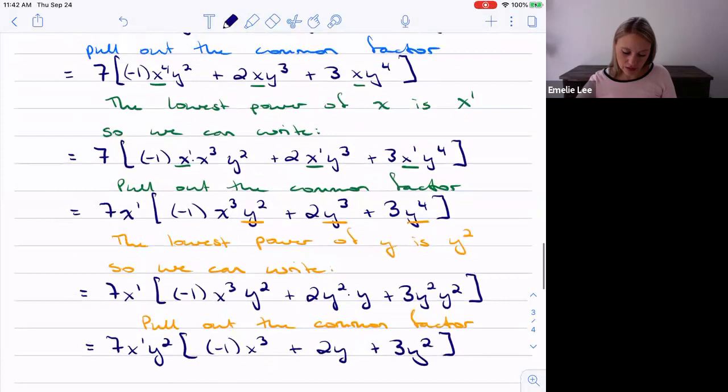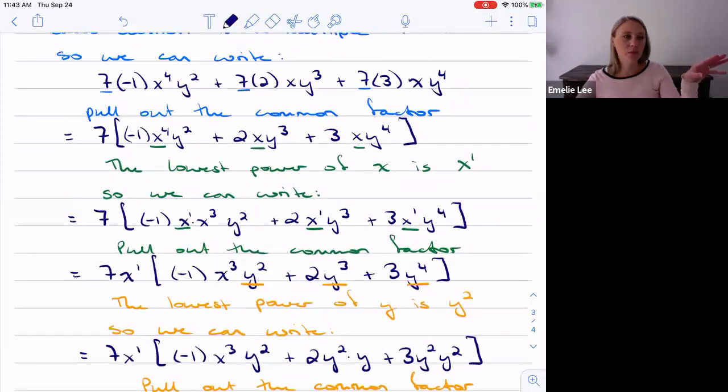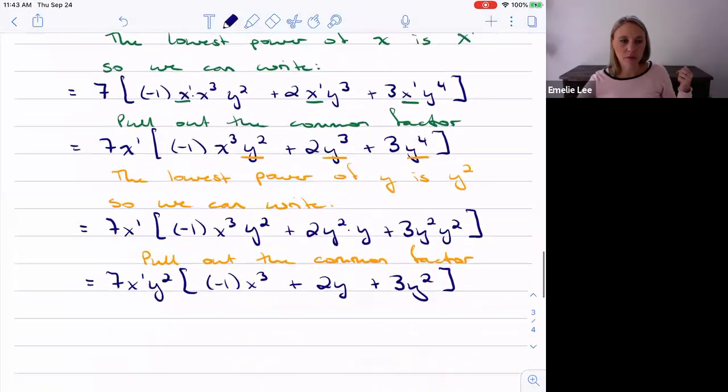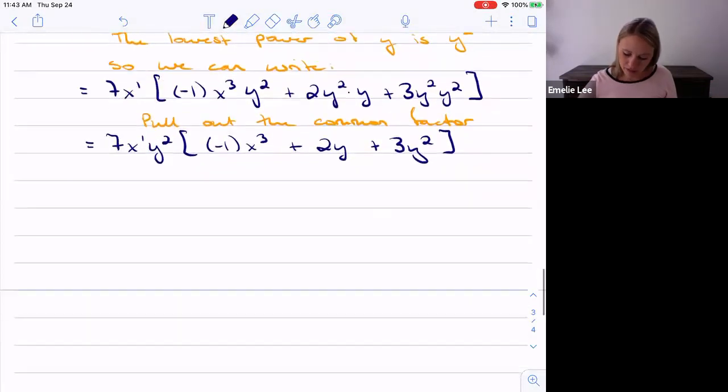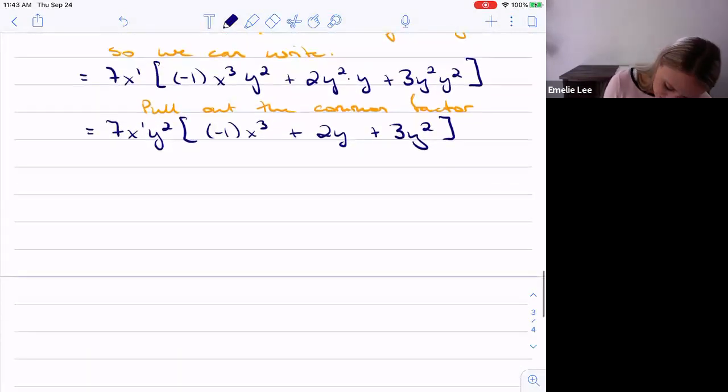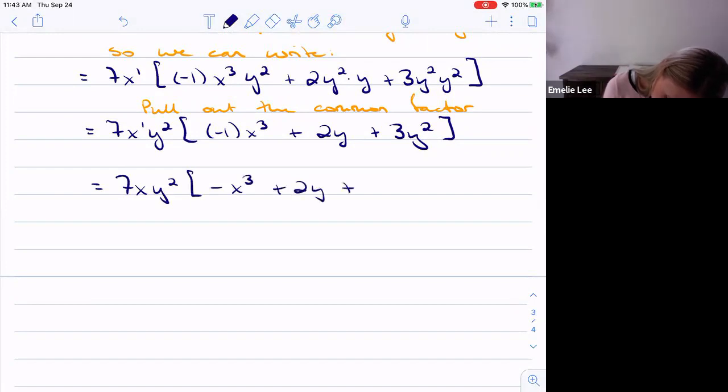In fact, a lot of the time, you'll scan the coefficients, scan the x's, scan the y's, and just pull them all out immediately, right? But I just wanted to show you how you can really break it down and just do it properly. So this becomes 7xy squared times negative x to the 3 plus 2y plus 3y squared.